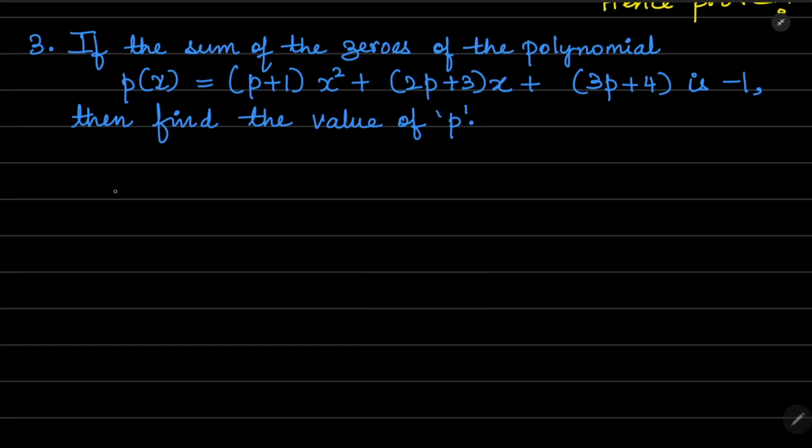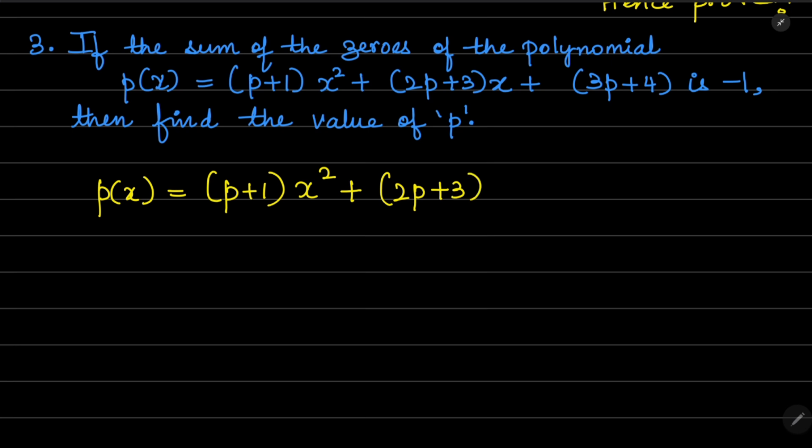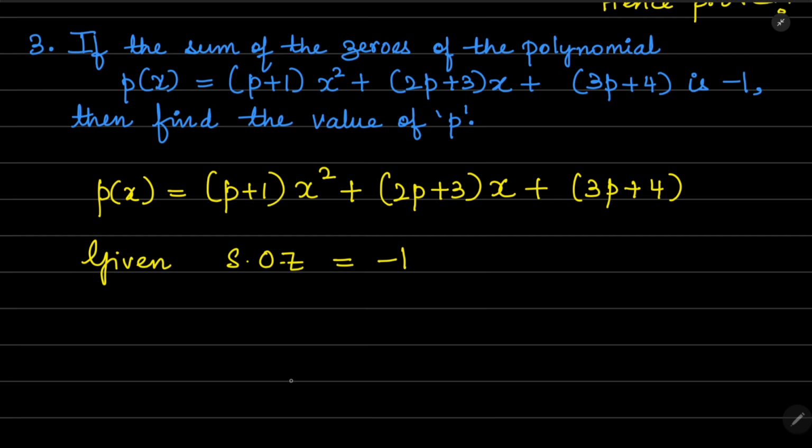Let me write the polynomial first of all. p(x) = (p + 1) multiplied by x² + (2p + 3) multiplied by x + 3p + 4. This is your polynomial. Now, what are you given? You are given that the sum of the zeros of the polynomial is -1.